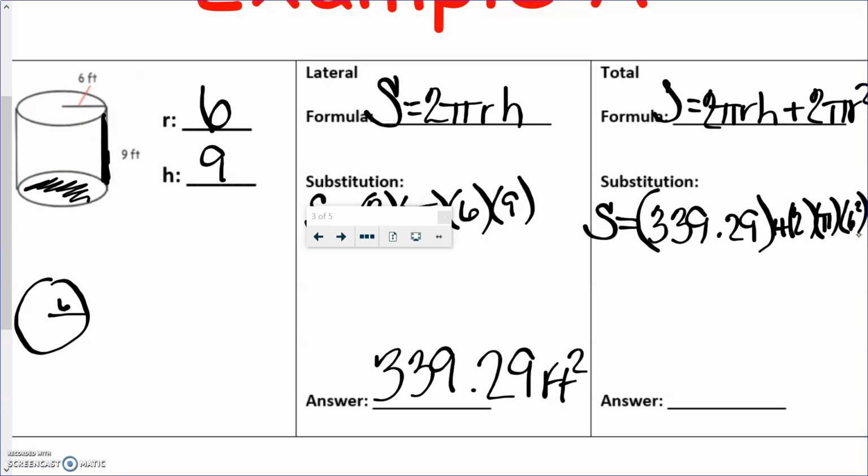Remember, squaring your radius is radius times radius. So then that becomes 339.29 plus 2 times pi times 36. Now we're going to put this in our calculator.